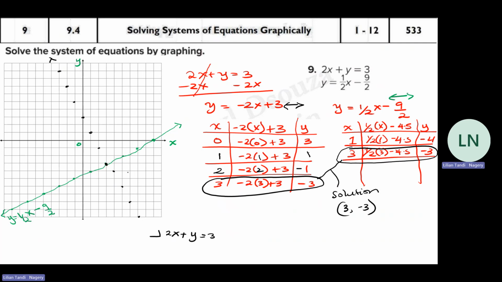There should be a point here. See? Ah, these were not correct. See, you have to check your work. Always check your work to confirm that you're doing the right thing. So here 0, 3, 1 left, 2 up, 1 left, 2 up. Yes. So now my line is straight.